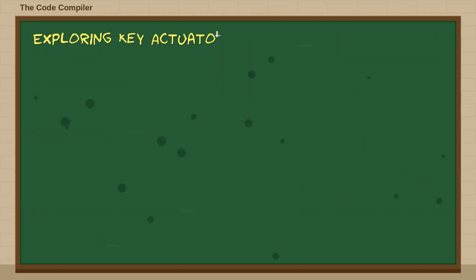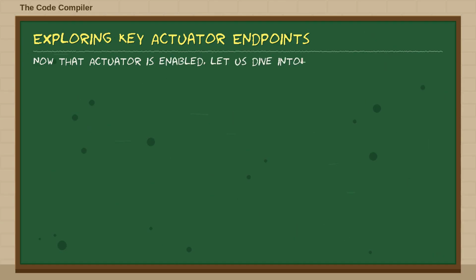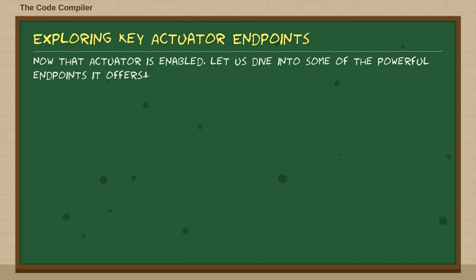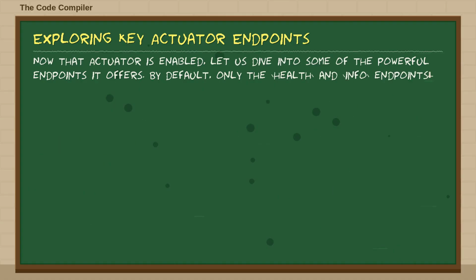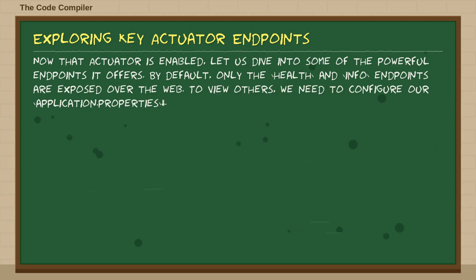Now that Actuator is enabled, let us dive into some of the powerful endpoints it offers. By default, only the Health and Info endpoints are exposed over the web. To view others, we need to configure our application.properties or application.yaml file.